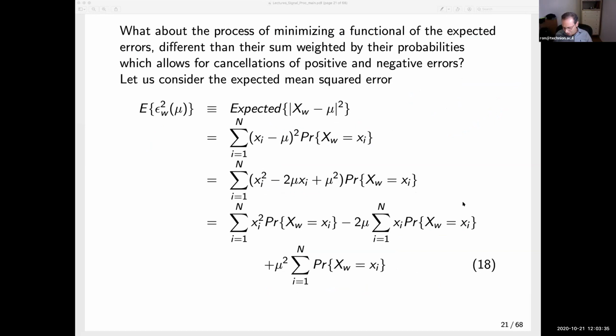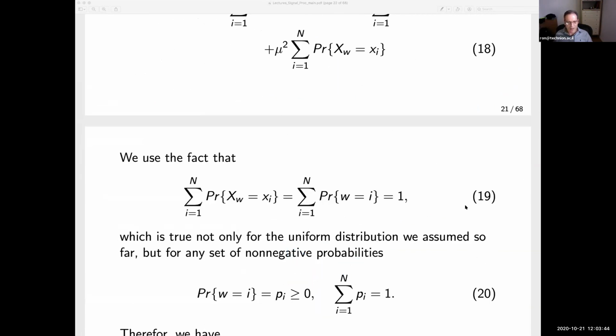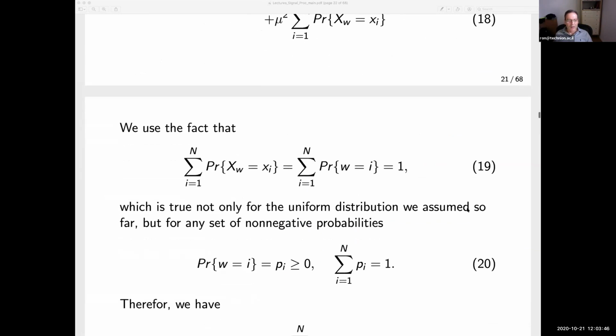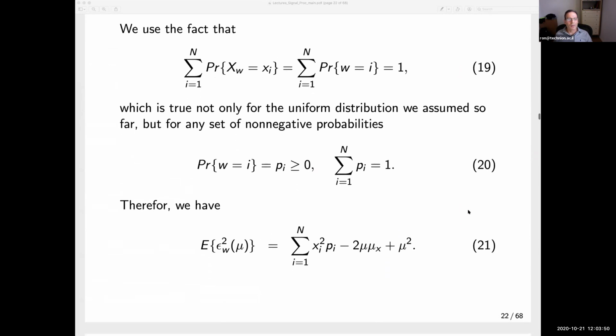Let's remember this. We can just delete this term and keep this up to this point. Now, this is equal to 1 not only for the uniform distribution, but for any distribution. This is something that we know for all distributions: the sum of the probabilities is equal to 1.